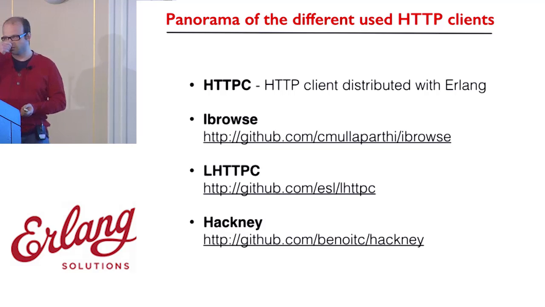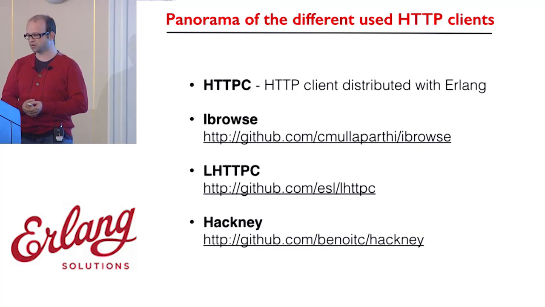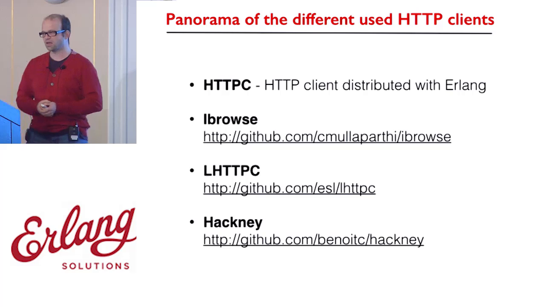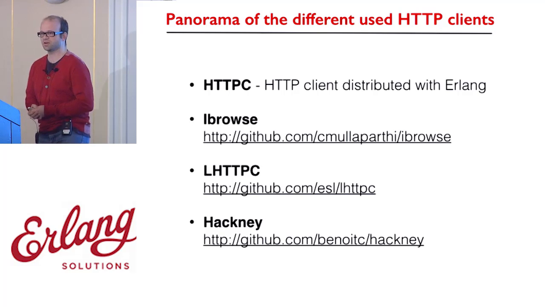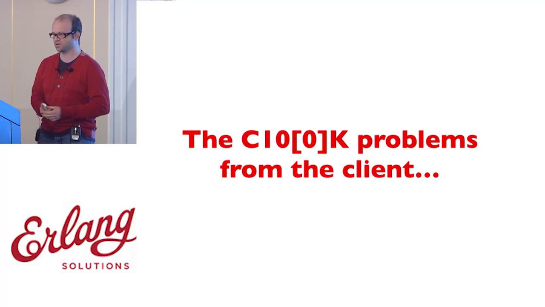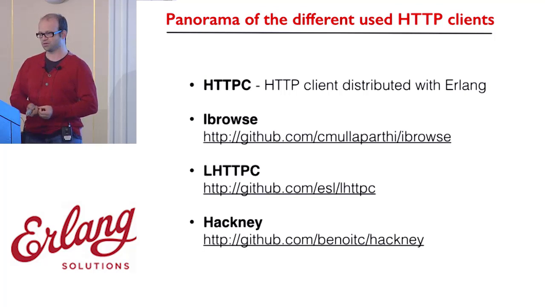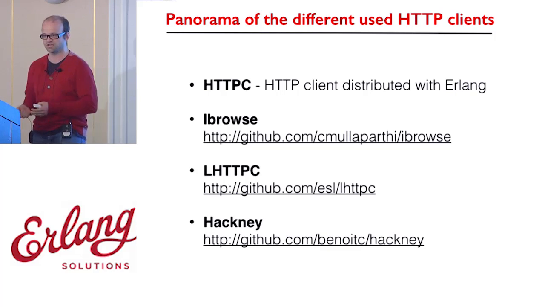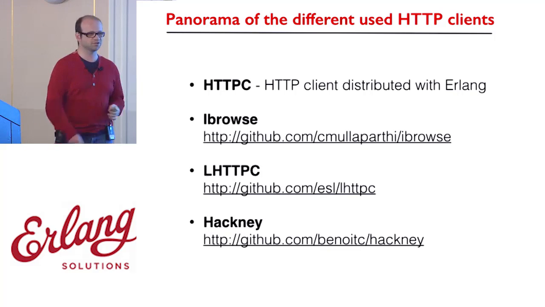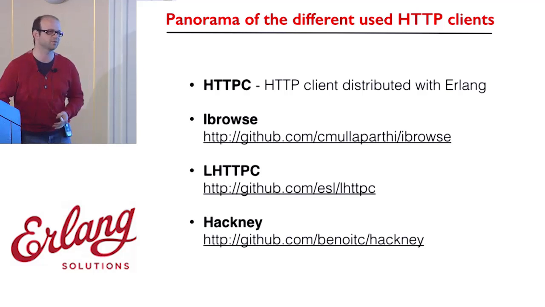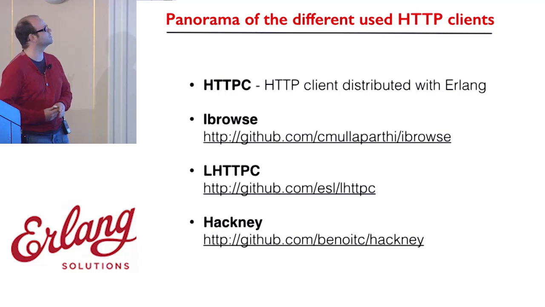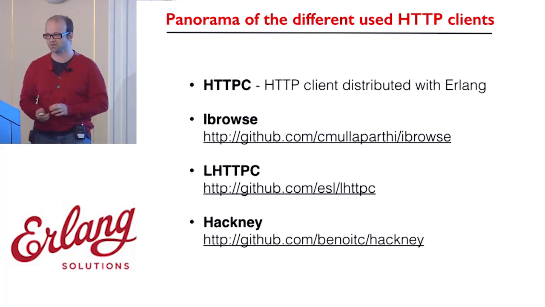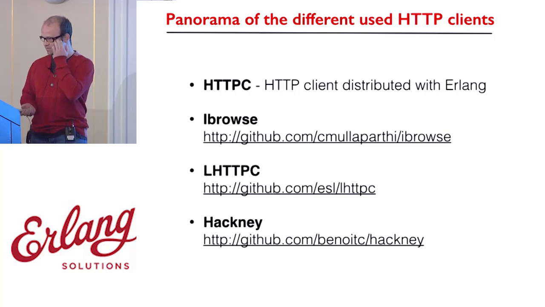lhttpc was written by Erlang Solutions, I think 5 years ago, something like it. But when I looked at lhttpc 2 years ago, it wasn't feature complete. Filipe, who was an older CouchDB committer, had the same idea as me, looked at it and actually changed Couchbase from ibrowse to lhttpc. And he took a different path from me, so I decided to write my own client. He decided to put some patches on lhttpc, now useless because Couchbase is no longer using lhttpc.